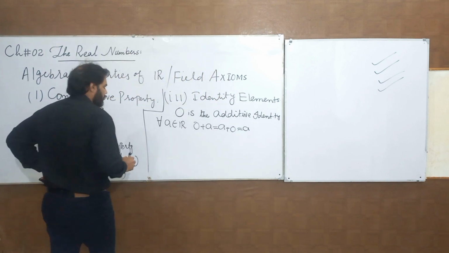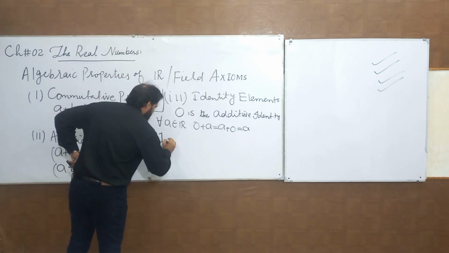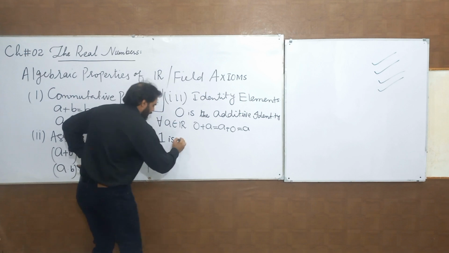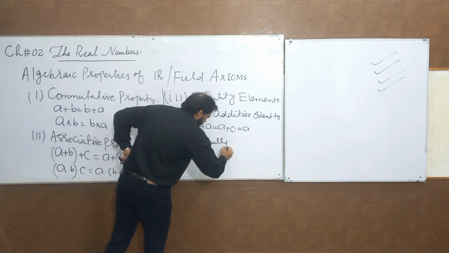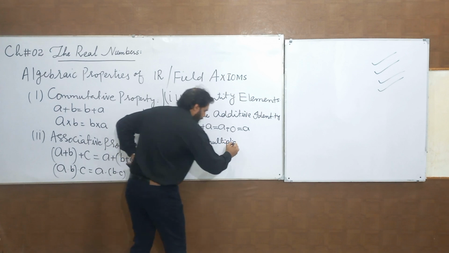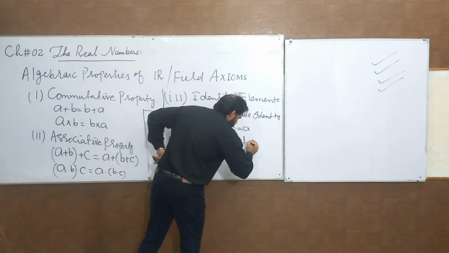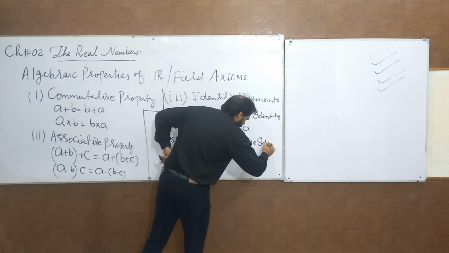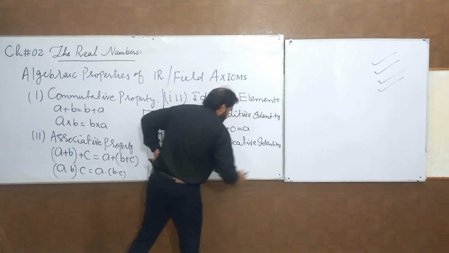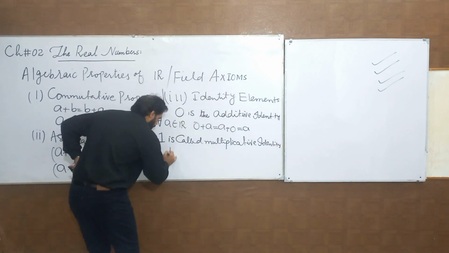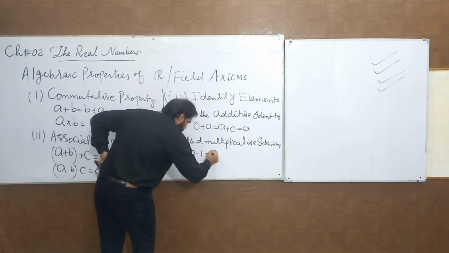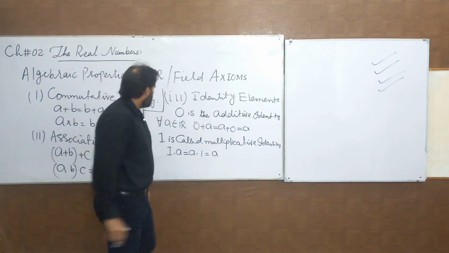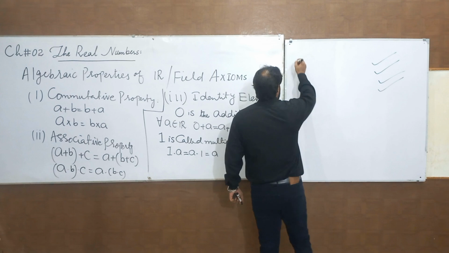Similarly, in case of multiplication, 1 is called the multiplicative identity. That is, for all A belonging to R, 1 into A is equal to A into 1, which is equal to A.